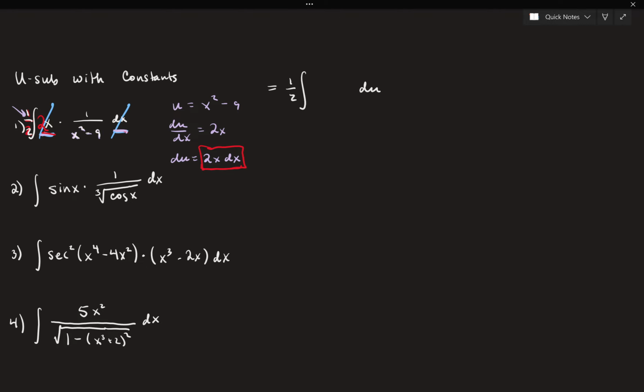And 1 over x squared minus 9, u is x squared minus 9, so that's 1 over u. And that integral is one I can just do right away. That's 1/2 ln of x squared minus 9. That's it. I'll go ahead and erase this now.